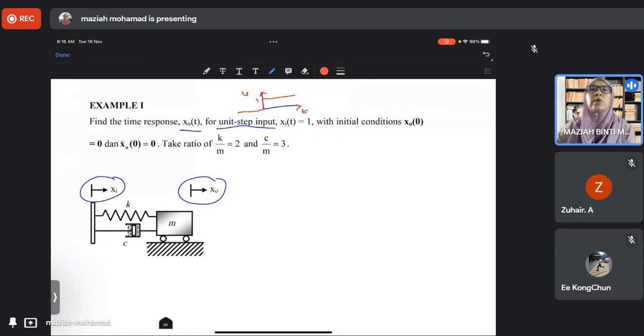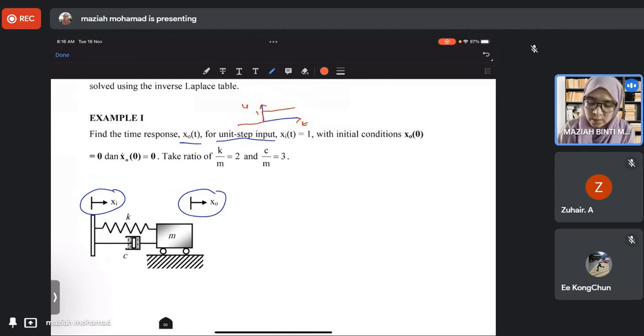Okay, if you refer to example number 1, we already derived the ODE for the system. Okay. Example number 1, this is also example number 1, but this is for time response. Example number 1 for the ODE. Okay. We already derived that, so I'm just going to.